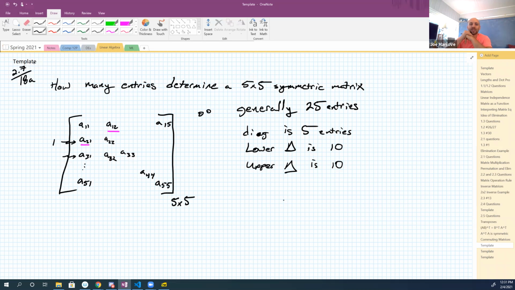Like how many numbers can I pick in a 5 by 5 symmetric matrix? Would it not be 25? It is not 25, for this reason. If I'm allowed to pick them all, I can do this.